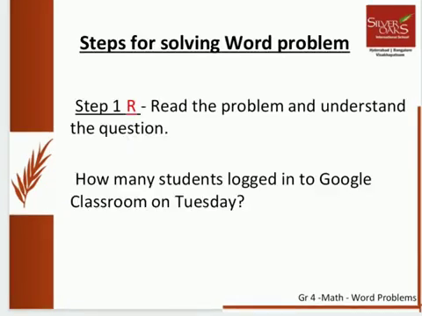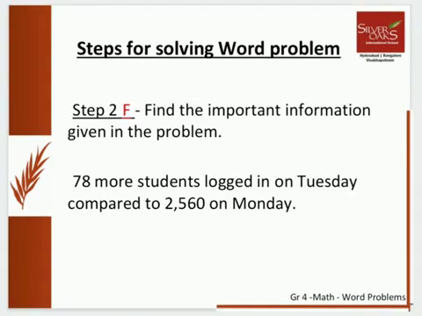Step 1. R. Read the problem and understand the question. Pause the video and read it again to understand the given question. In the given word problem, we need to find how many students logged into Google Classroom on Tuesday. Step 2. F. Find the important information given in the problem.